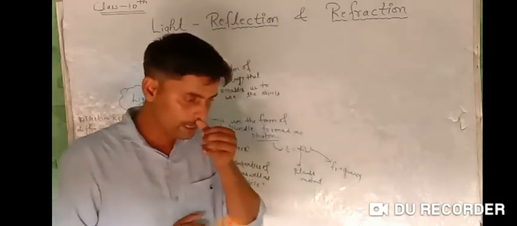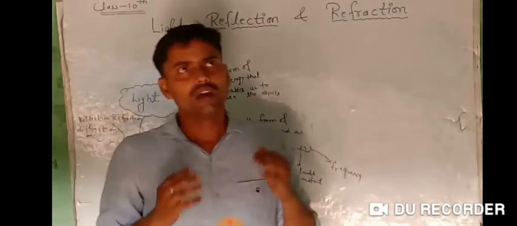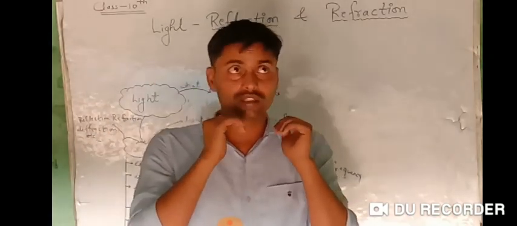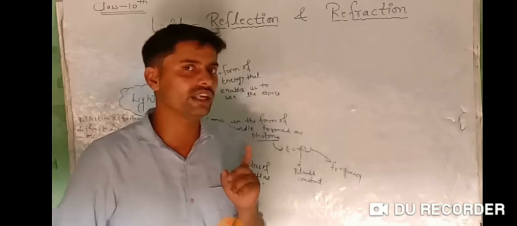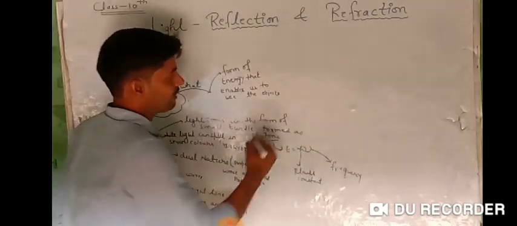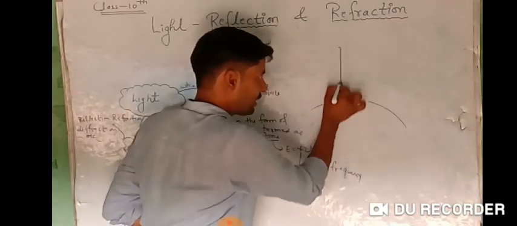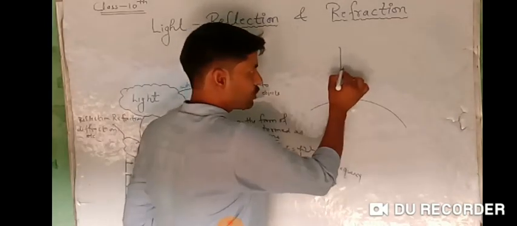How can this be proved? This can be proved by something you have studied in geography. In geography, you studied that this is the earth surface, and this is the earth's atmosphere.